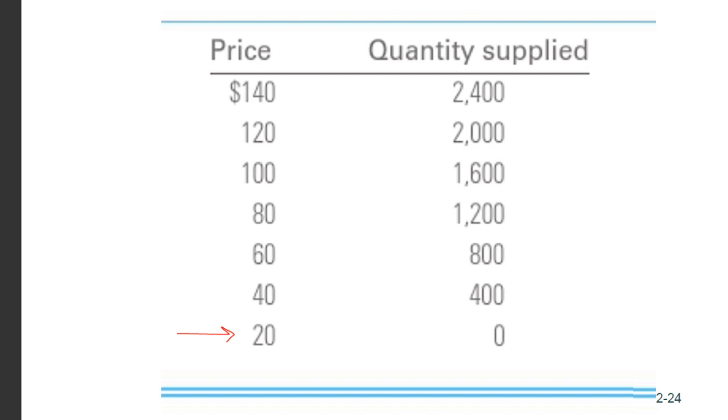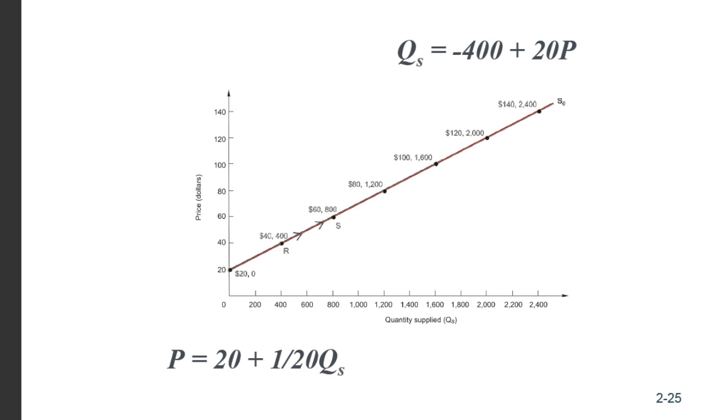So if you treat this one as x and this one as y, you would plot it and you see that it hits exactly at 20 here. And you guys should practice that you can solve this just like I did for the demand function. And there you go. So I leave that to you to practice.